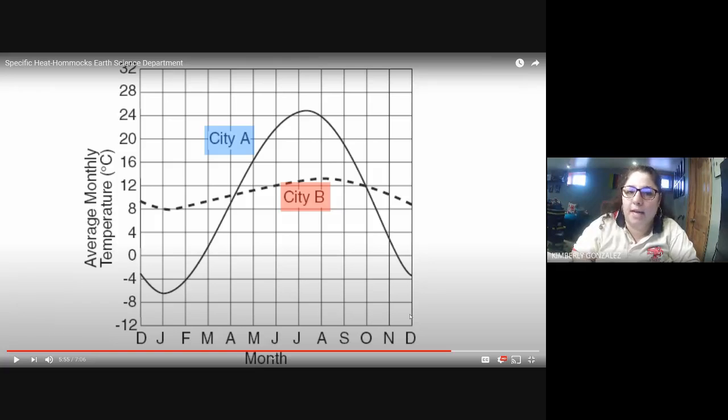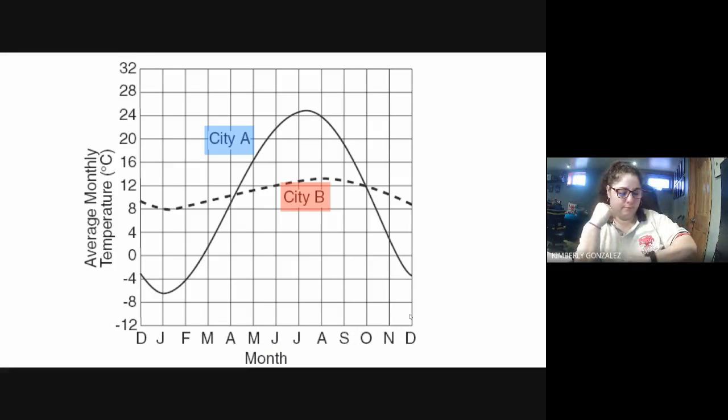You can fry an egg on a sidewalk. That's no joke, because the temperature is super hot, but it's called a dry heat because they're not near any water. And then it also gets super cold, believe it or not. City A has a huge difference in winter to summertime temperature, which means it must be a little bit more inland.